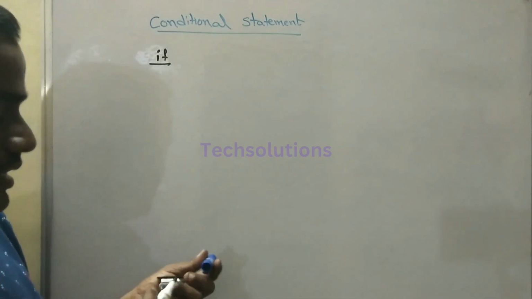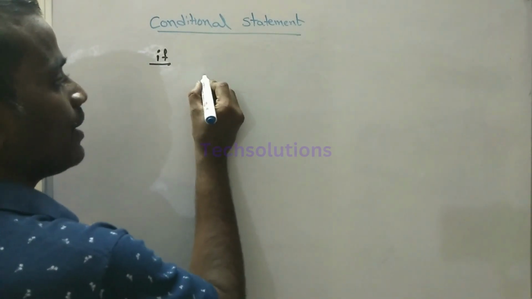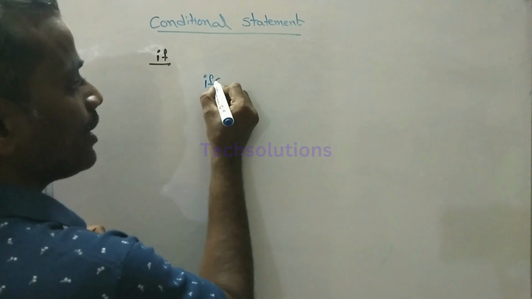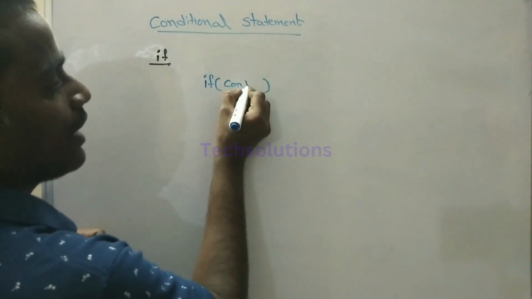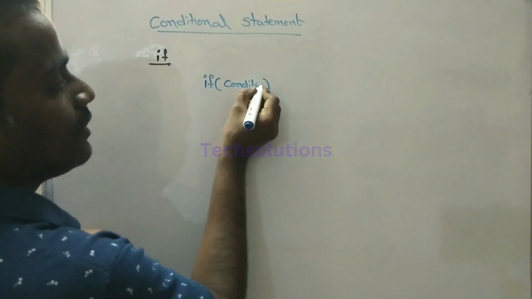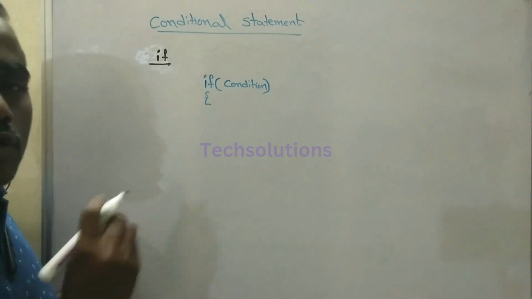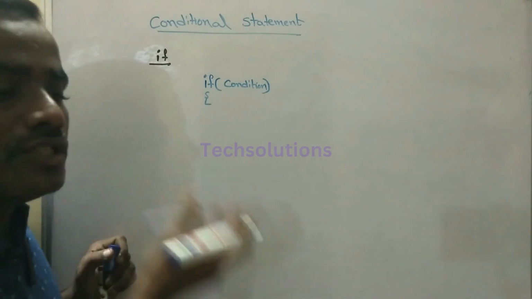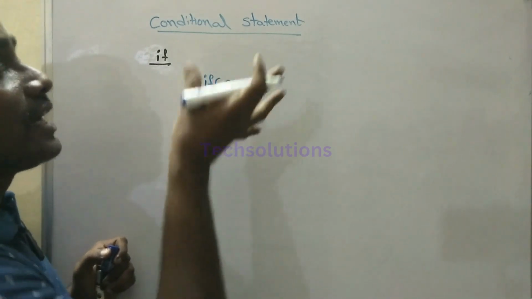First I will write the syntax for the if statement. Suppose if, here I write some condition. What is the definition of control statements? It enables the user to execute a particular block of statements conditionally.